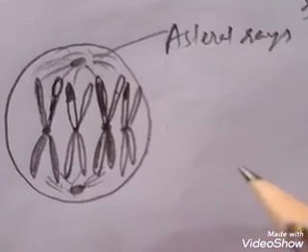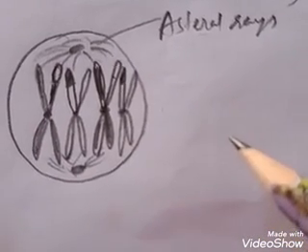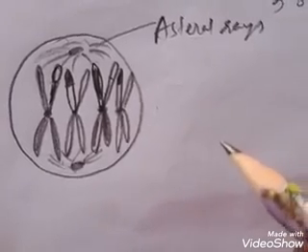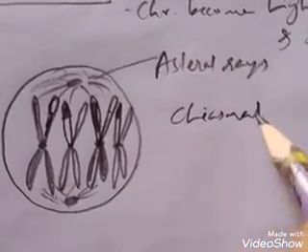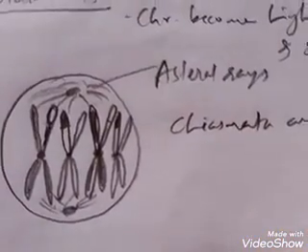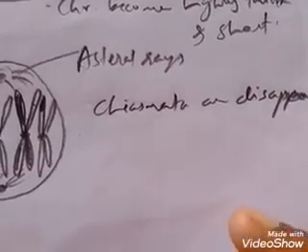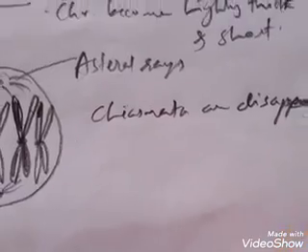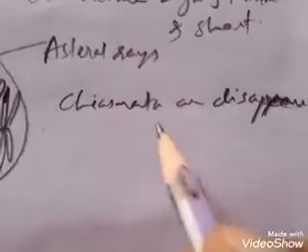Terminalization is the process which occurs here. What is the meaning of terminalization? The chiasmata slide towards the tip and disappear. When the chiasmata disappear, the X-shaped structure disappears.